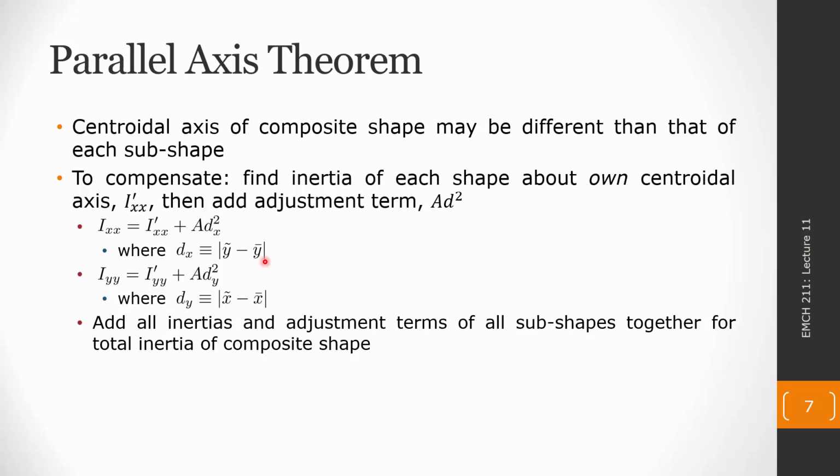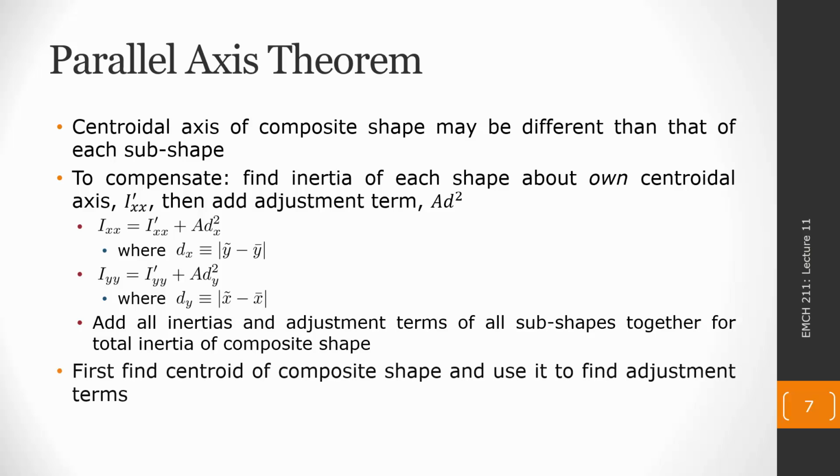So we do this for each subshape that we have made, and we can add all of these terms together in order to get the total area moment of inertia about the centroidal axis for the shape. We're going to see that the first step in calculating the area moment of inertia is we need to find the centroid first, because the centroid is going to tell us the x bar and the y bar, and then we're going to be able to make these further calculations that are going to employ those values.